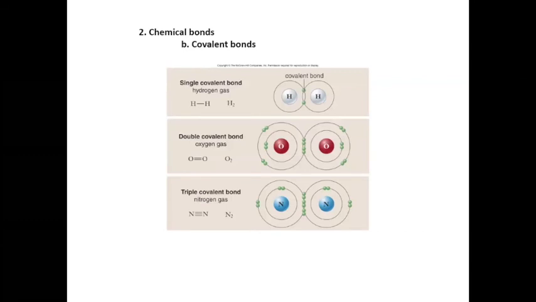We see that here with hydrogen, right? How many electrons are in the very first shell? Two. Two hydrogens put together, they share their electrons, boom. They each now have two electrons in their outermost shell. Oxygens come together.